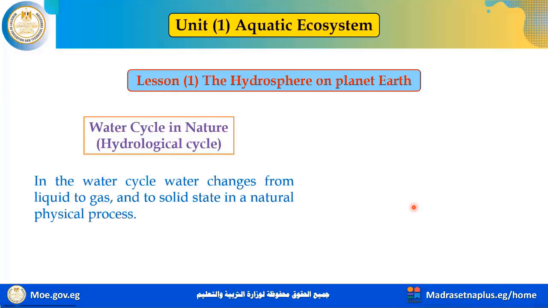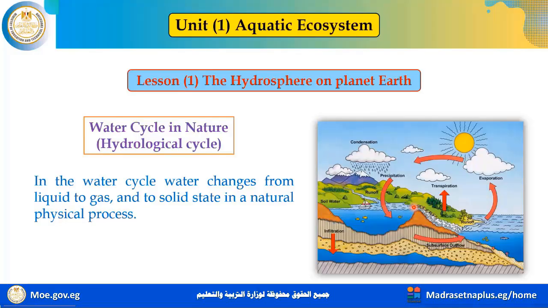Also, in the water cycle, water changes from liquid to gas and to solid as ice. In nature, this is called a physical process. So the water cycle includes physical changes.